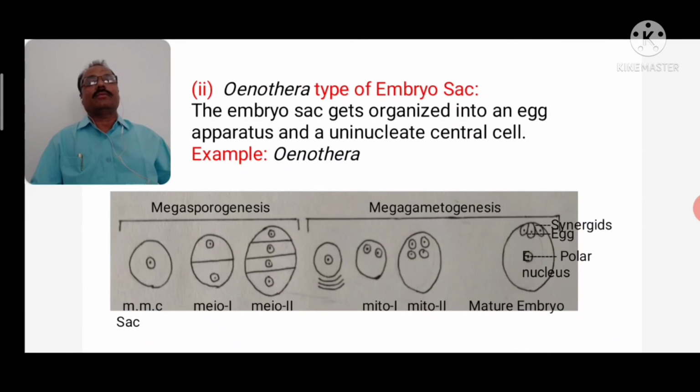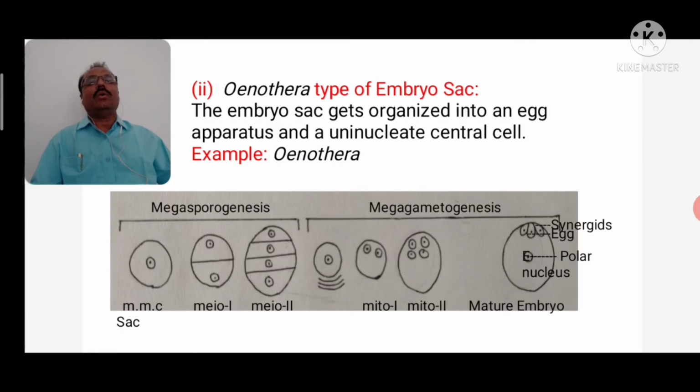Number 2, Oenothera type of embryo sac. This type of embryo sac develops from the micropylar megaspore of the tetrad. It is 4 nucleated. The embryo sac gets organized into an egg apparatus and a uninucleate central cell.